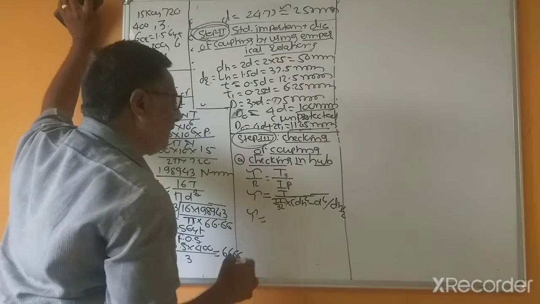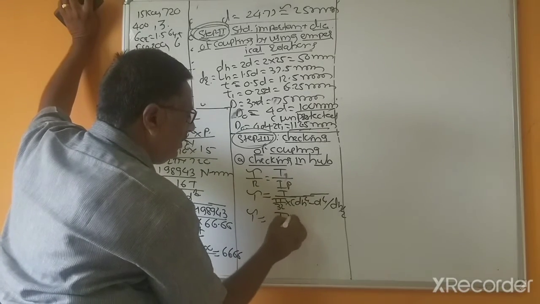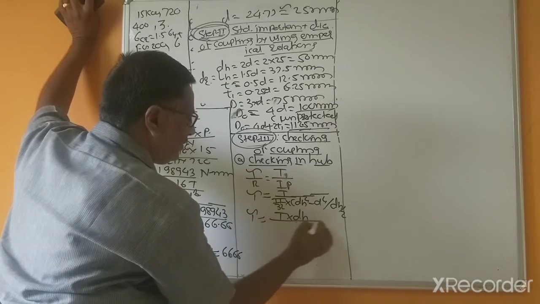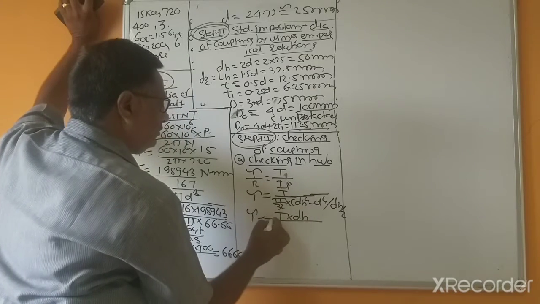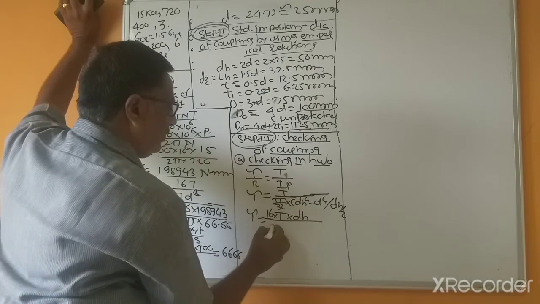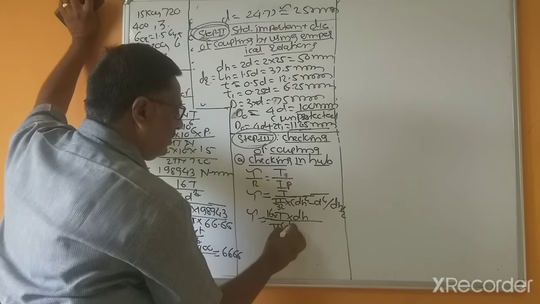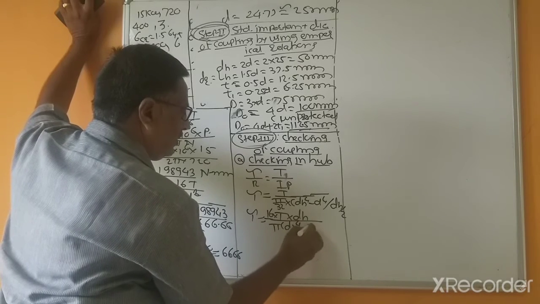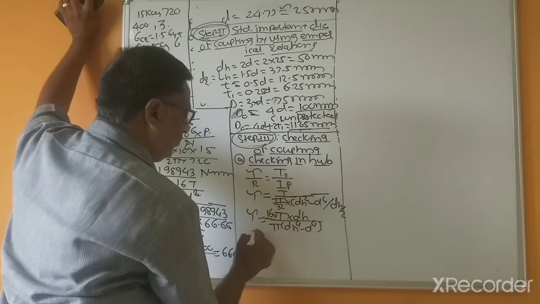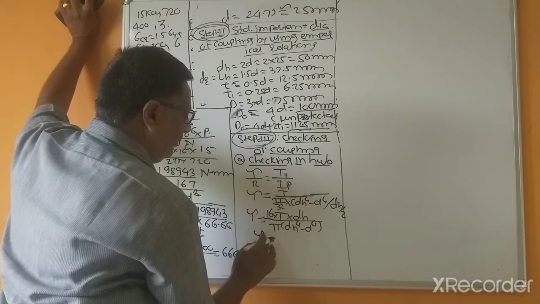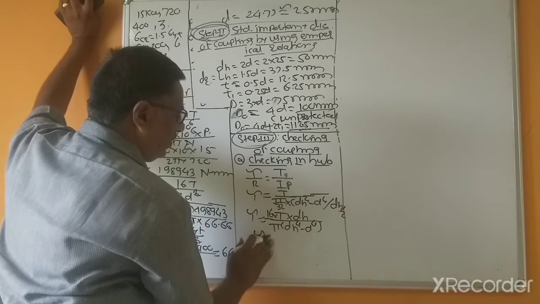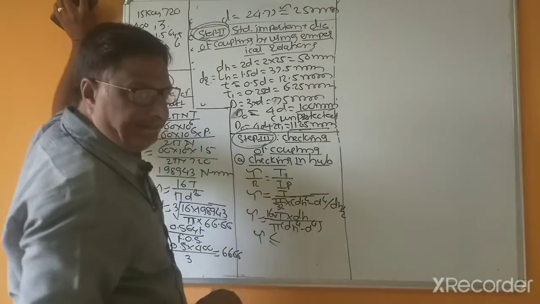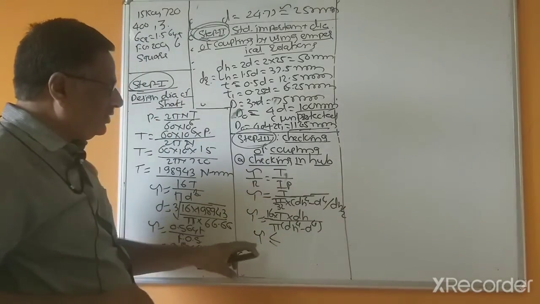This becomes 16 into T into dh divided by pi into dh raised to 4 minus d raised to 4. So directly I am calculating, and this should be less than the allowable.